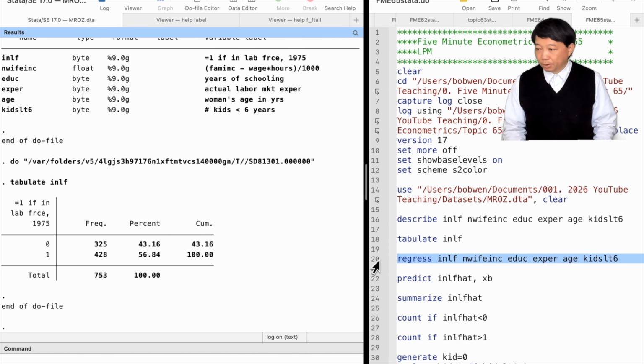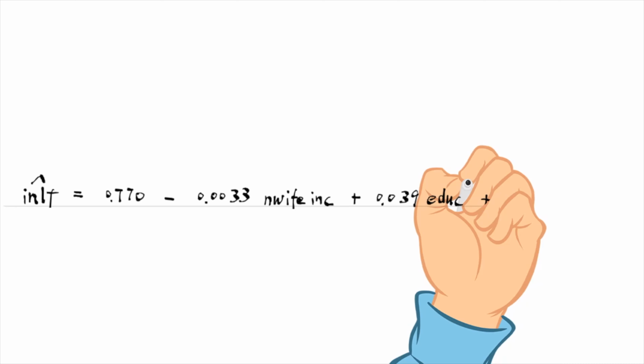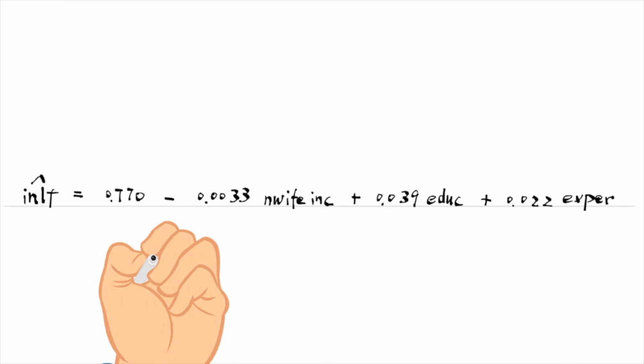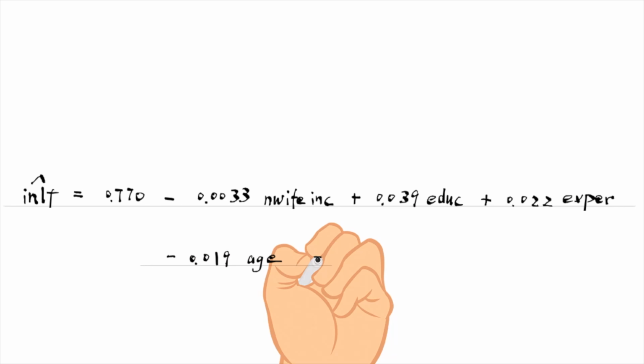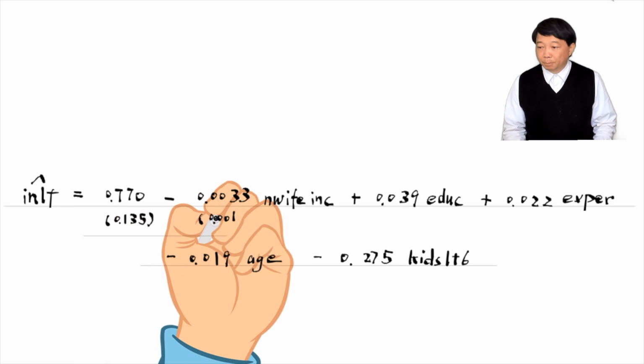Using the OLS method, we obtain the estimated equation. I write it in the normal form. The standard errors are in the parentheses.